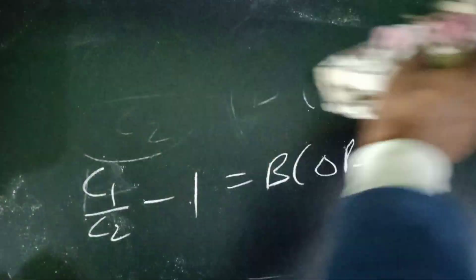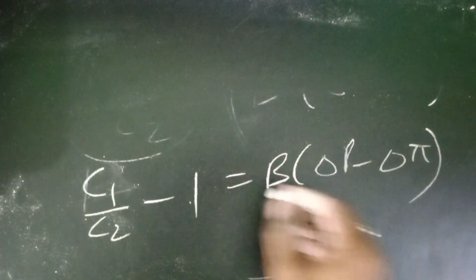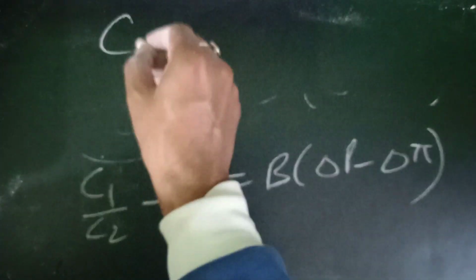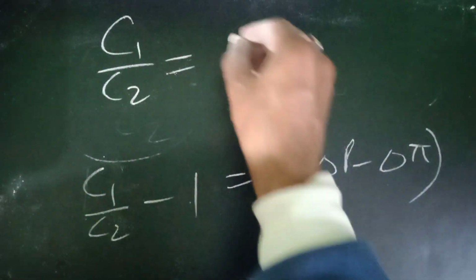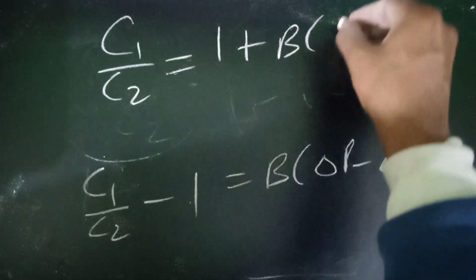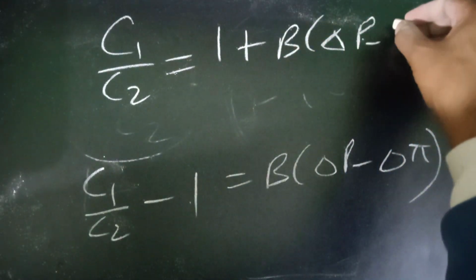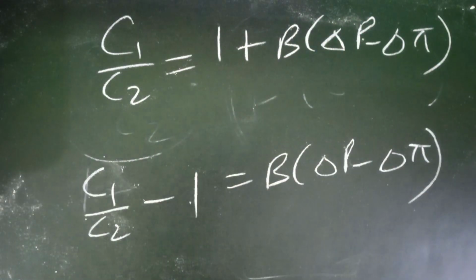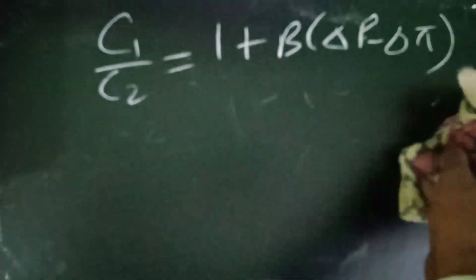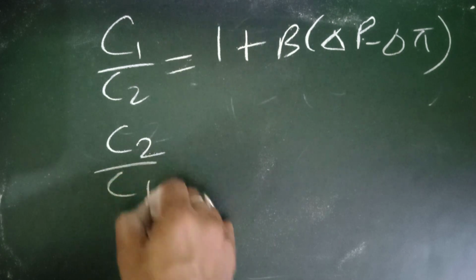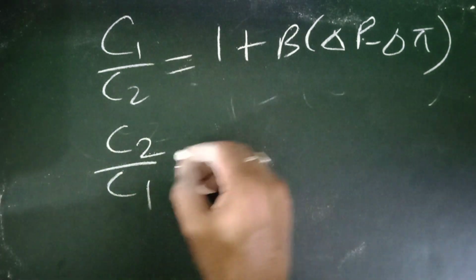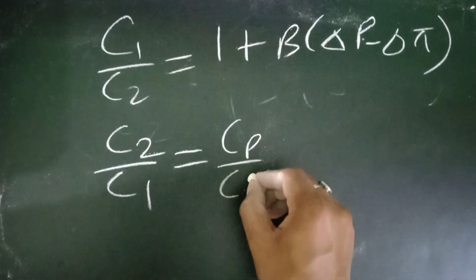Now let's rearrange this and put 1 over there. C1 by C2 would then be 1 plus B into delta P minus delta pi. Now let's take the reciprocal, that is C2 by C1, which is actually Cp upon Cf.